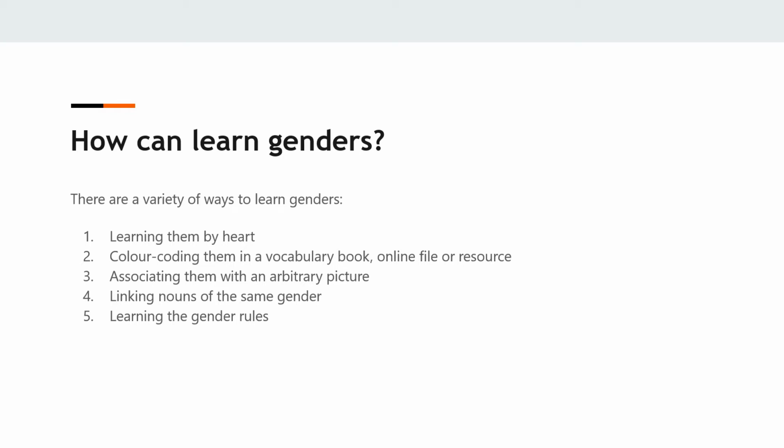Number 3, you could associate them with an arbitrary picture. Number 4, you could link nouns of the same gender. And number 5, you could actually learn some of the gender rules or try to learn all of the gender rules. So I'm going to go through all of them in turn, and then my suggestion is try them and see which one works for you and use that then.